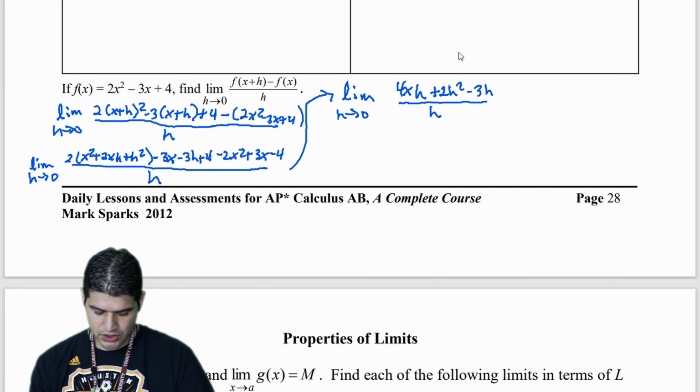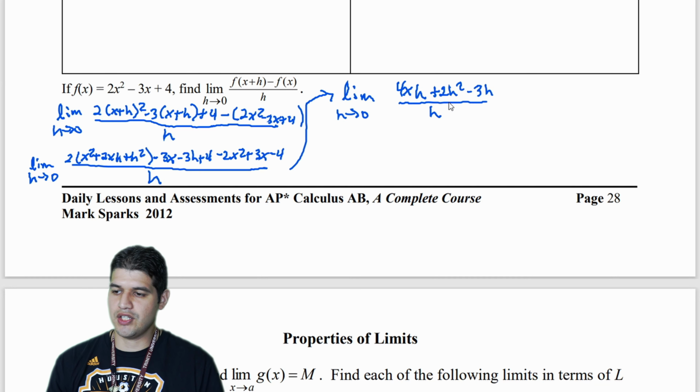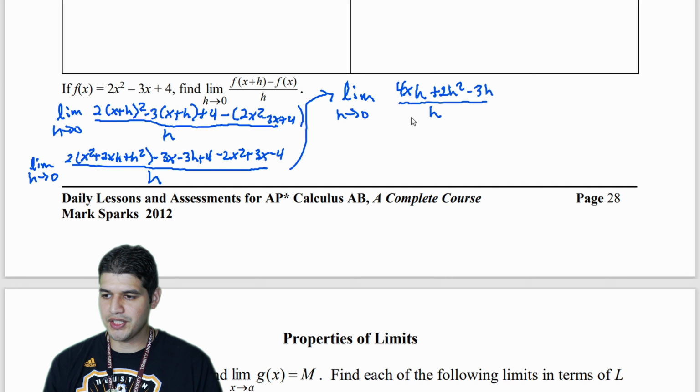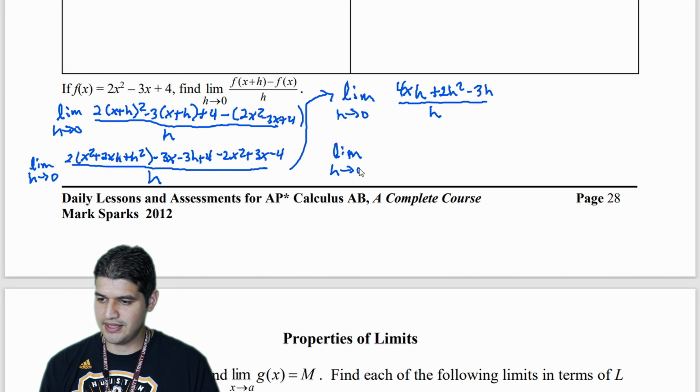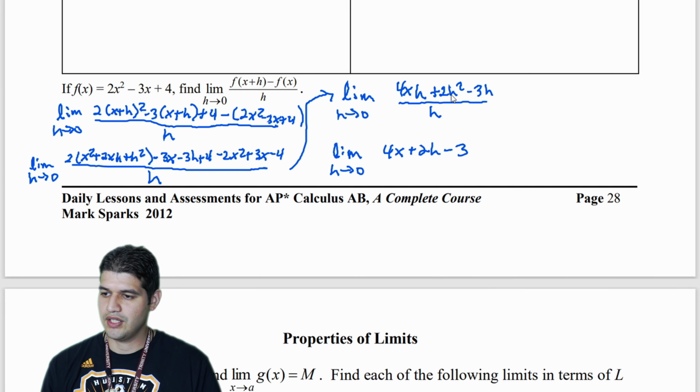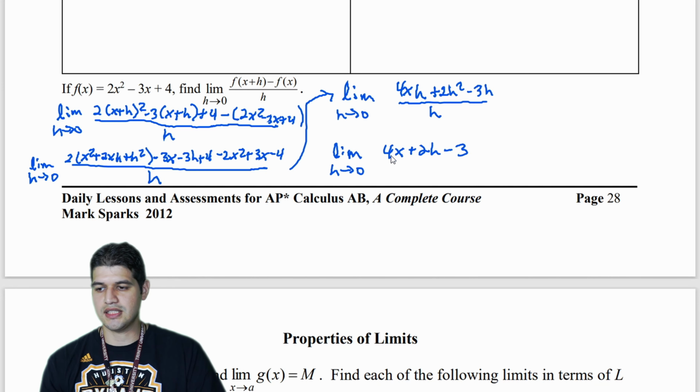What I notice in my numerator is that I can factor out an h from each of those. And so now I just have the limit as h approaches 0 of 4x plus 2h minus 3. So the h's all divide out. I factor that out and it divides out with the h in the denominator.